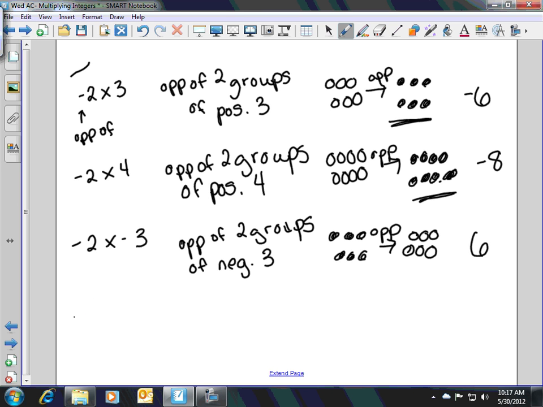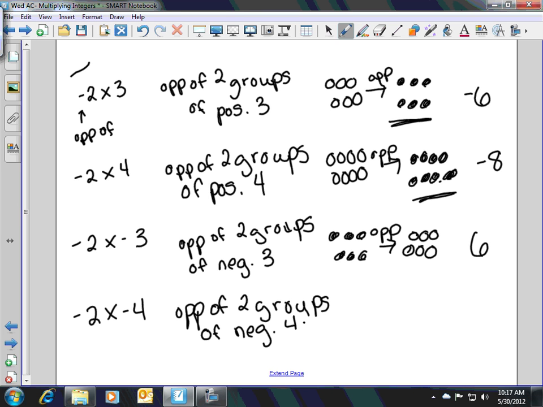Let's try one more of those. Negative 2 times negative 4. So again, this is going to mean opposite of 2 groups of negative 4. So 2 groups of negative 4, those are supposed to be negatives.